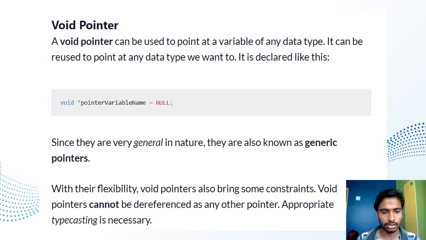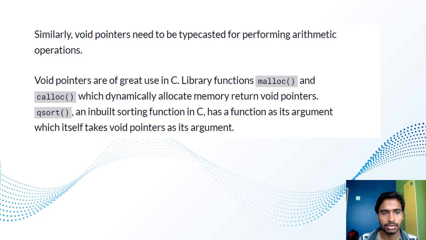void pointers cannot be dereferenced like any other pointer. Appropriate typecasting is necessary. Similarly, void pointers need to be typecasted for performing arithmetic operations.